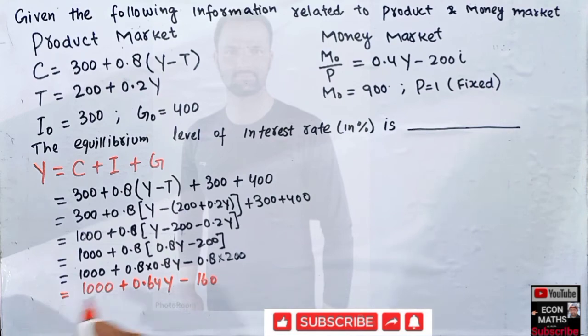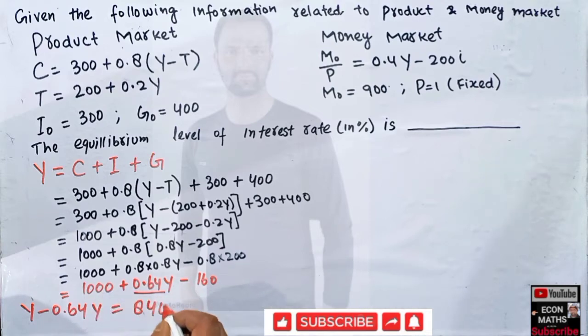That means if I transpose this term to the LHS, we have y minus 0.64y is equal to 1000 minus 160, which comes out to be 840.